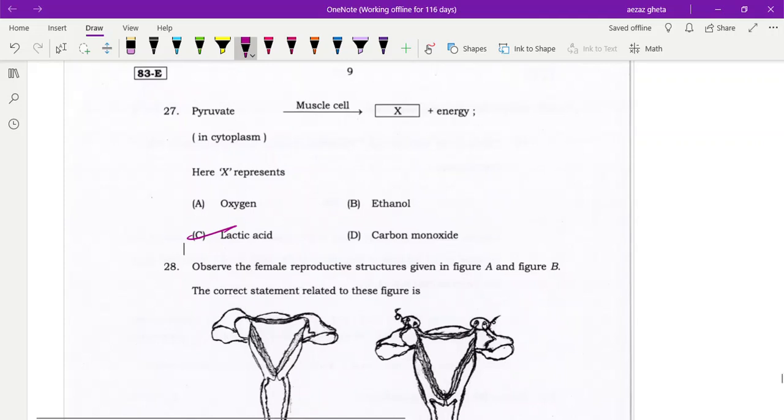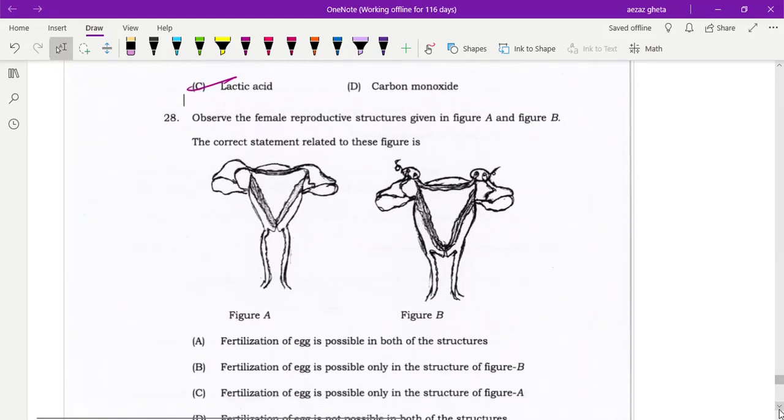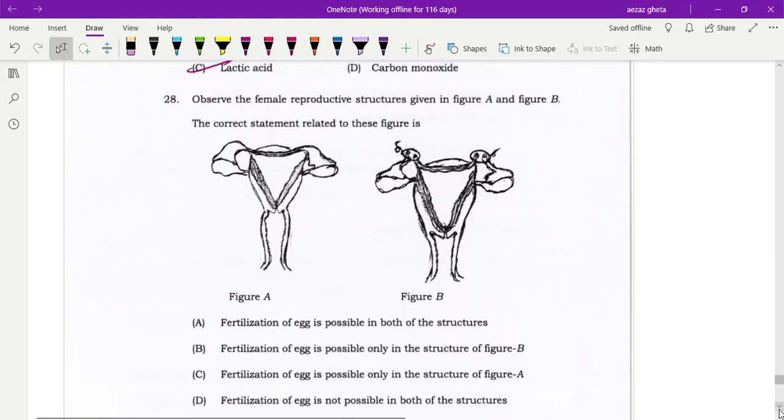The next one. Observe the female reproductive structure in the given figure. Correct statement related to this figure. See here, the oviduct or fallopian tube is cut and joined. You can see this part, cut and joined separately.